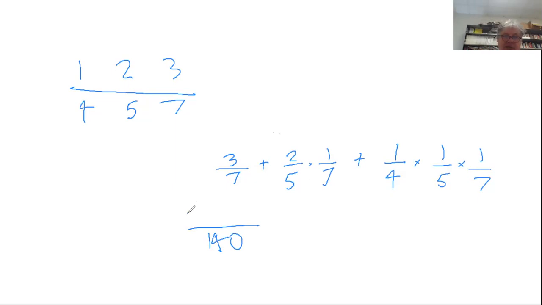So that's 3 times 20 is 60. In the second fraction, you multiply the 2 by 4, and you get 8. And in the last one, you just have 1. And that's how you get 69 over 140.